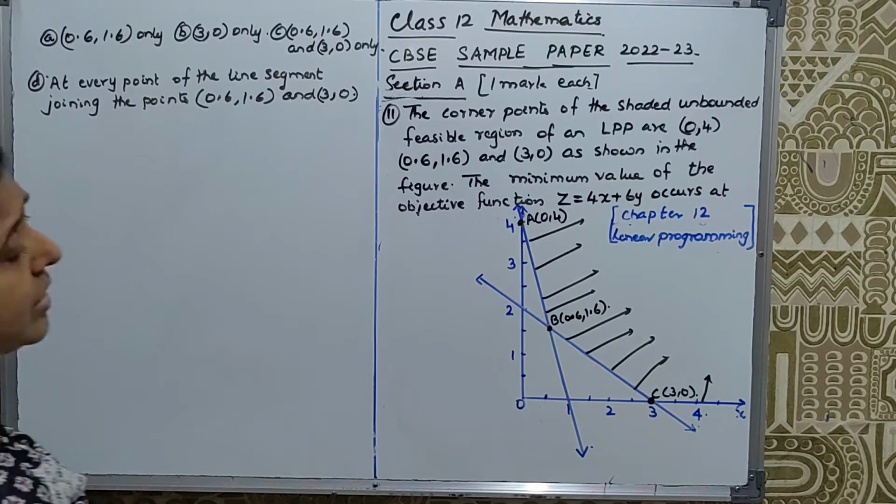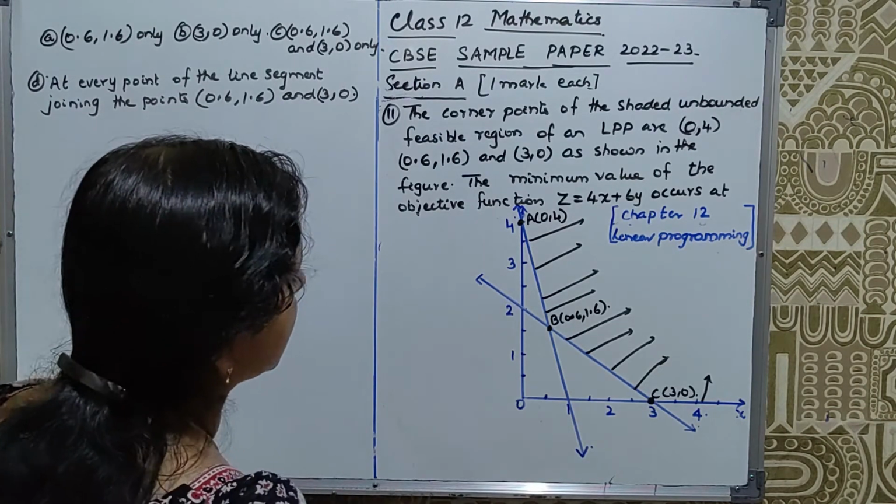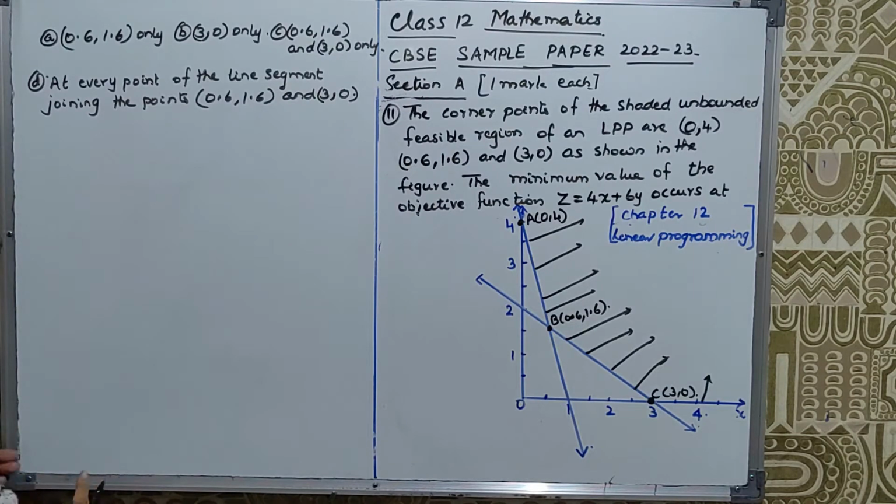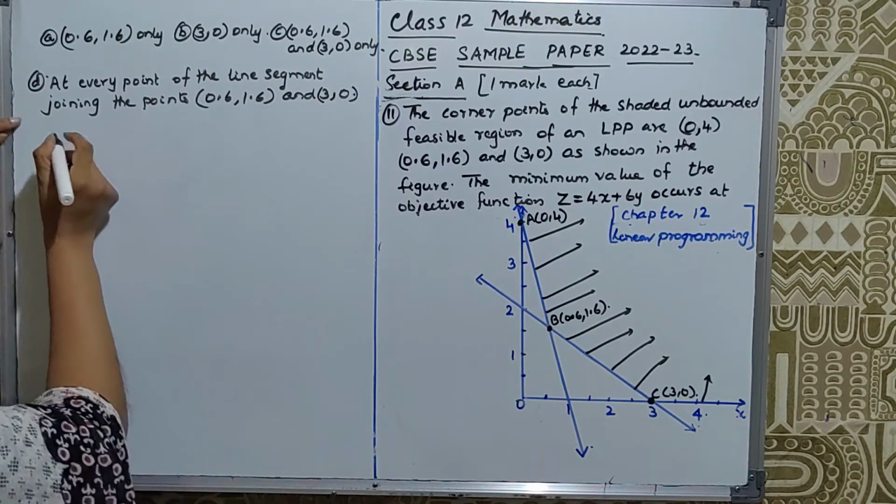Now here they gave an unbounded feasible region. So we'll write the corner points of the unbounded feasible region. This is the explanation which I am giving.